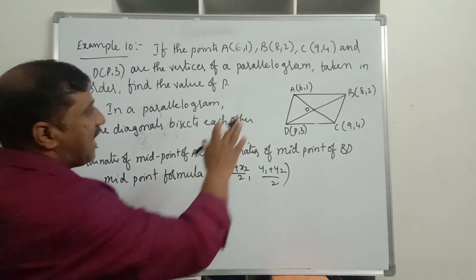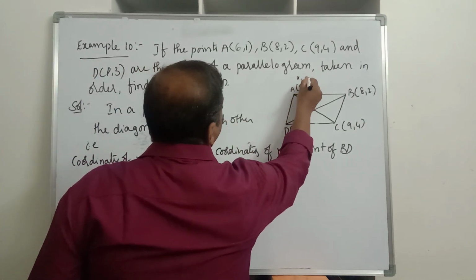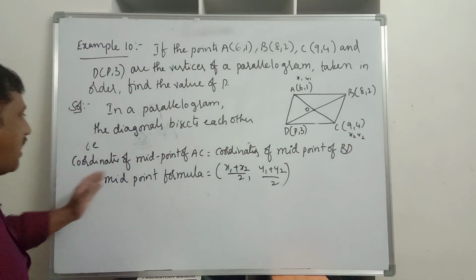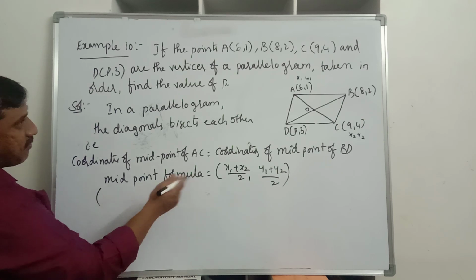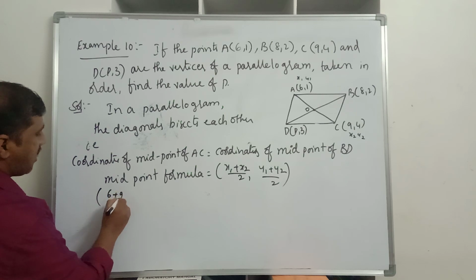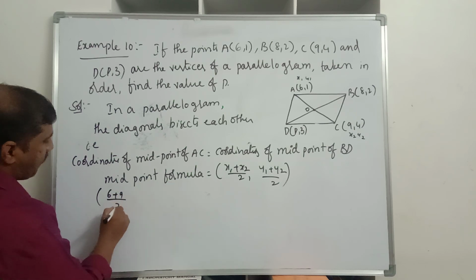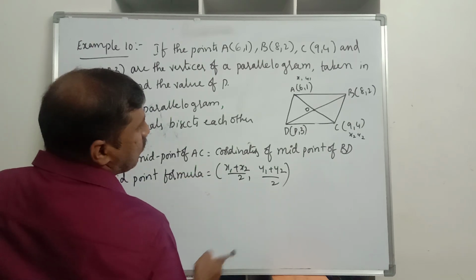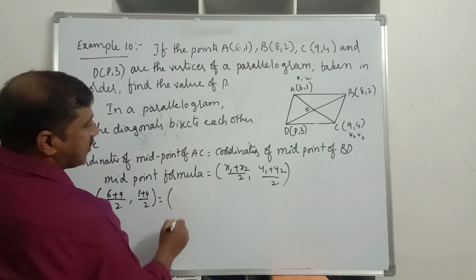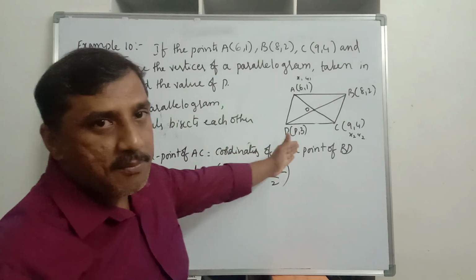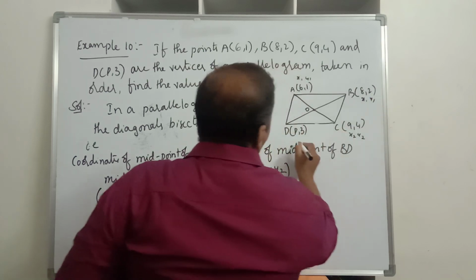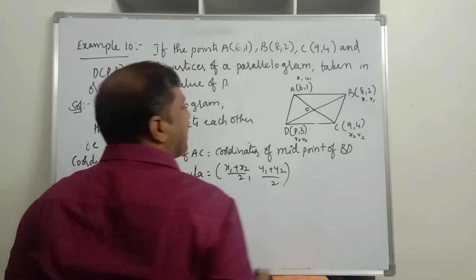For AC, A is the first point, therefore (x1, y1), and C is (x2, y2). So the midpoint of AC is ((6 + 9)/2, (1 + 4)/2). For the midpoint of BD, B is the first point (x1, y1) and D is the second point (x2, y2).